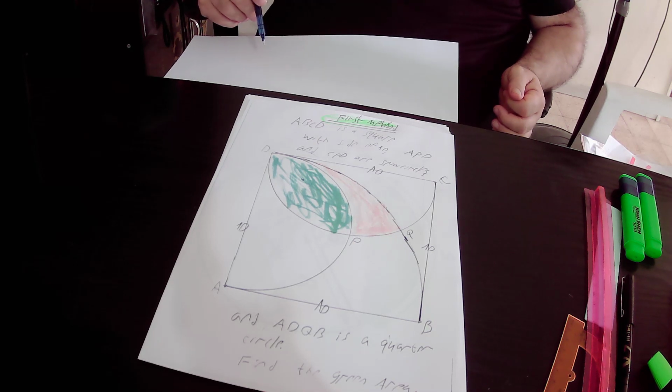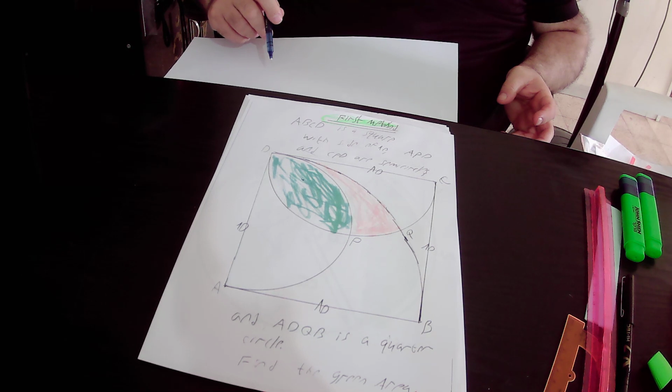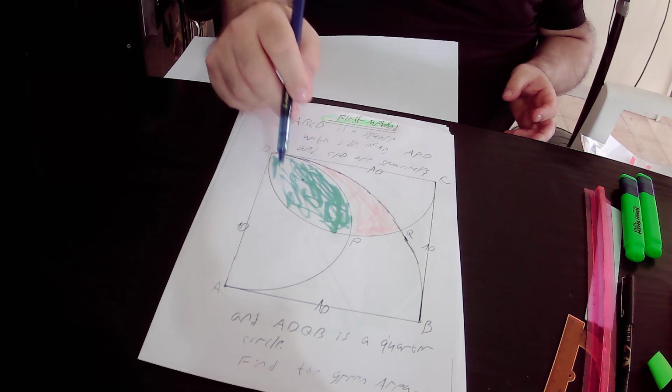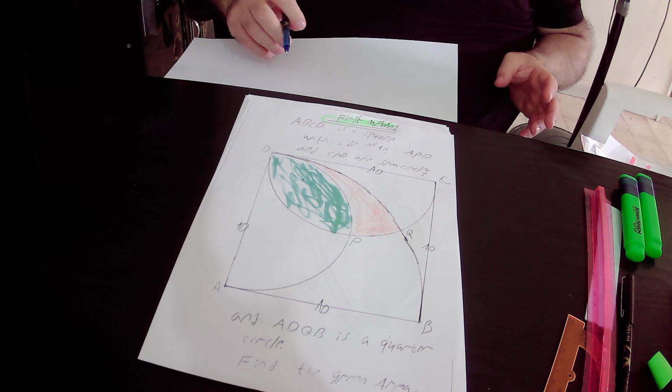Okay, so repeat again that a lens is a common area that was created by the intersection of two shapes. It could be two circles or two semicircles or a quarter circle with a semicircle. The common area is defined as a lens.